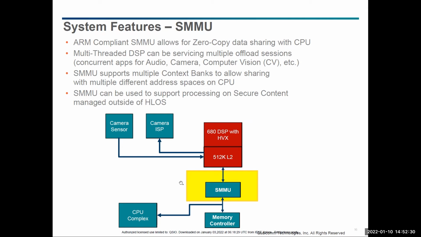So SMMU also ensures that it allows accessing of secure memory content only to the registered applications and not to all the applications. So SMMU has a very important role in ensuring that the security is not compromised, and at the same time, multiple applications can continue to use their own respective memory regions or context banks.